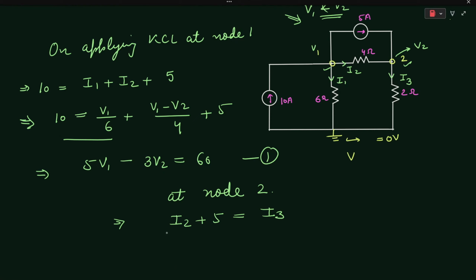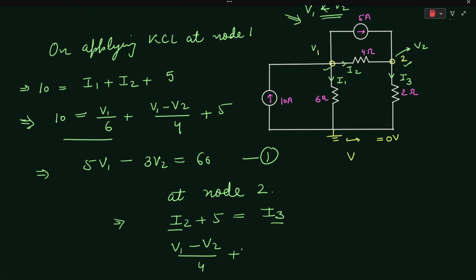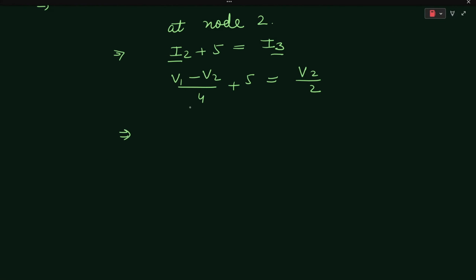Substituting the values of I2 and I3 in this equation, (V1 minus V2) upon 4 plus 5 is equal to V2 upon 2. So this implies V1 minus 3V2 is equal to minus 20. Let's say this is your second equation.